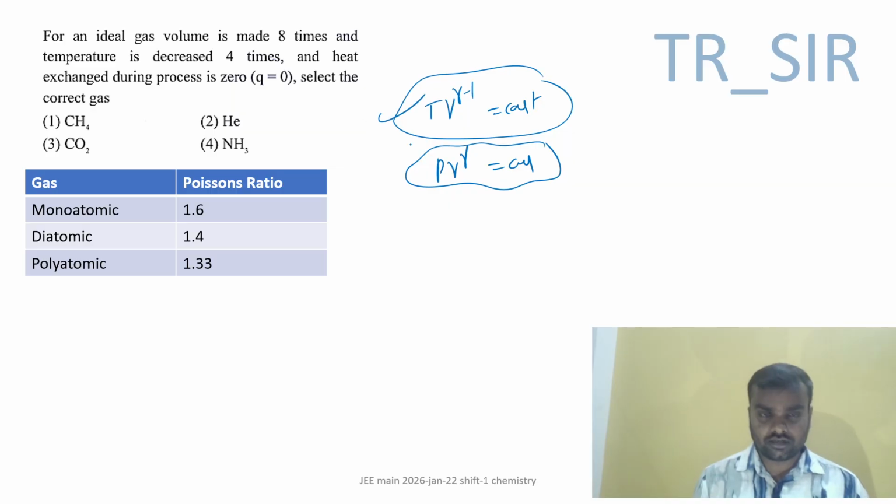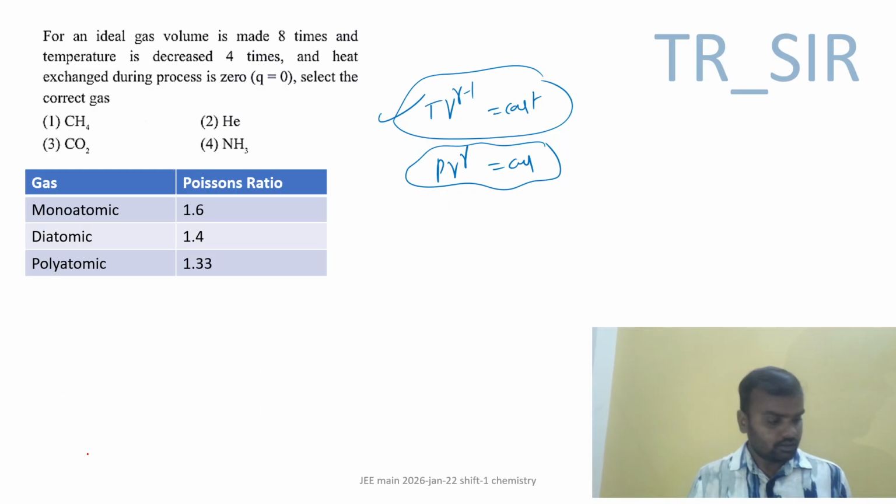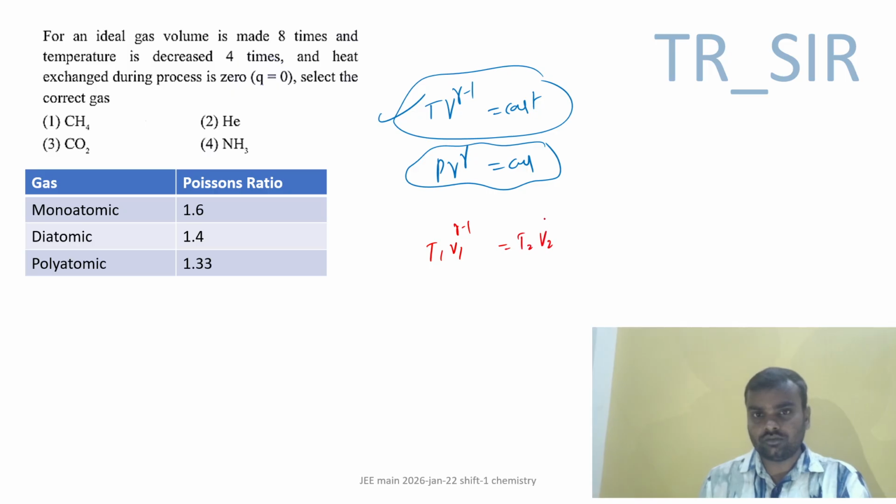Here the relation TV raised to the power of gamma minus 1 will be required for us. Now let us see what will happen in this case. So T1 V1 raised to gamma minus 1 is equal to T2 V2 raised to gamma minus 1. So bring the T1 down, the T2 down, V2 by V1 raised to gamma minus 1 we have T1 by T2.